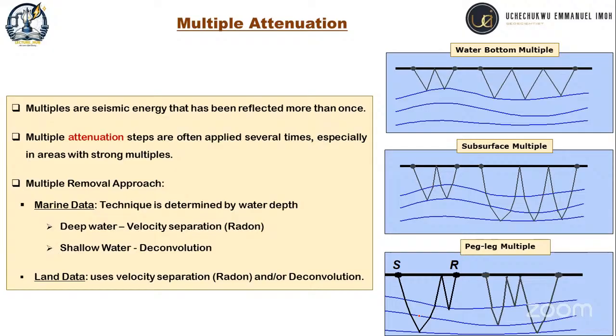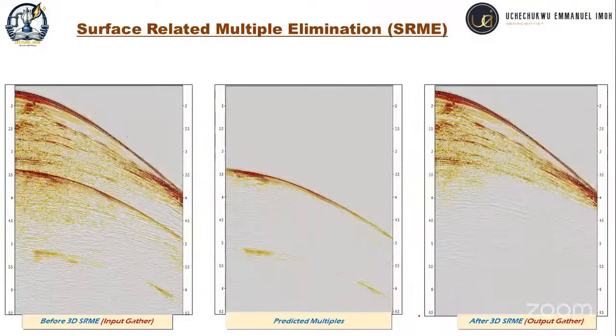They can be removed by different methods, such as radon, convolution, and surface-related multiple elimination techniques. For this example on the screen, you have before the multiple noise and after the multiple noise. You can see the multiples were eliminated after, and this in the middle is the difference.